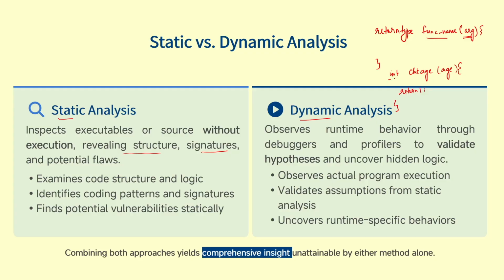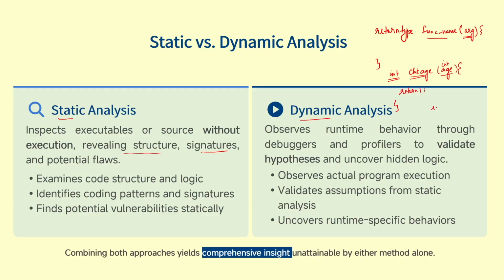So, the return type is integer, the function name is check age, and the argument is age. So, you can say int age, specifying that age is going to be an integer, and your return type is also an integer. So, the signature is something like that.